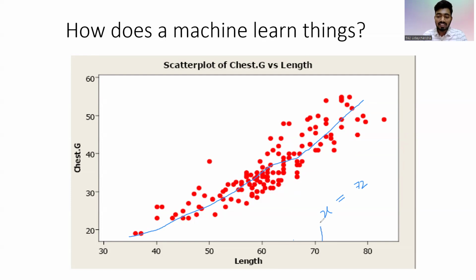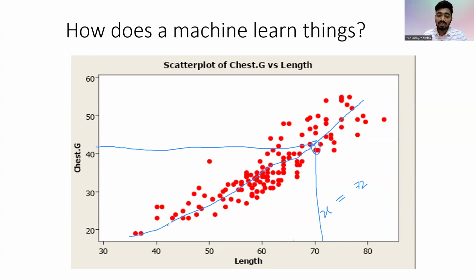If I draw a straight line like this, it touches my line here. The corresponding y value will give me the chest size for that particular length. So this is a simple technique, right? We have the data, and now we need to find this line such that we can get the chest size.